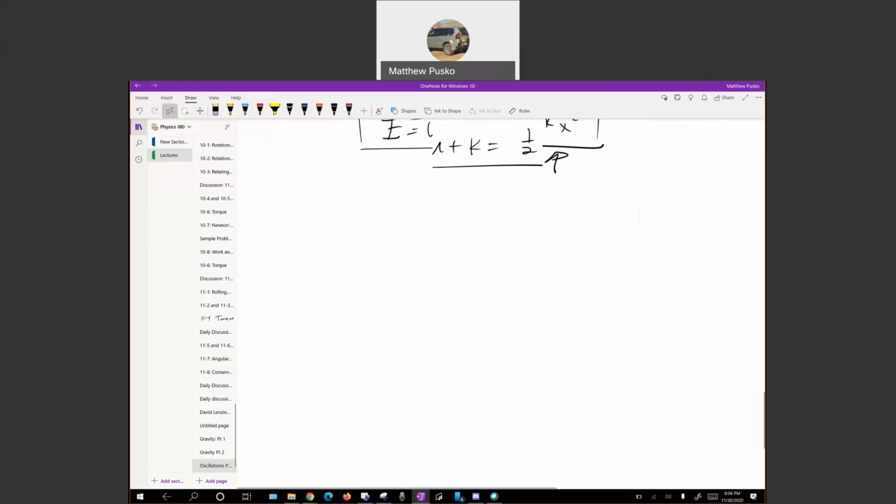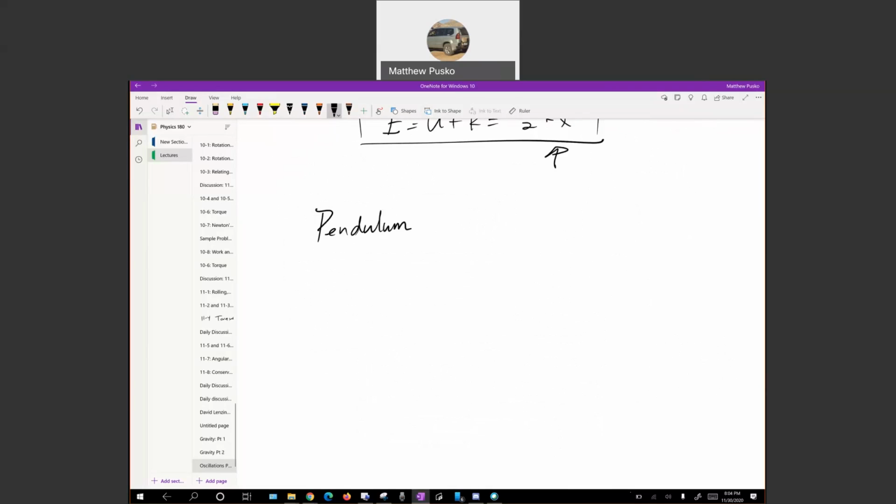Now let's talk about pendulums real quick. I'll leave the derivation up to you. It's in the book. I know we're running out of time, but we'll also look at this as circular motion.